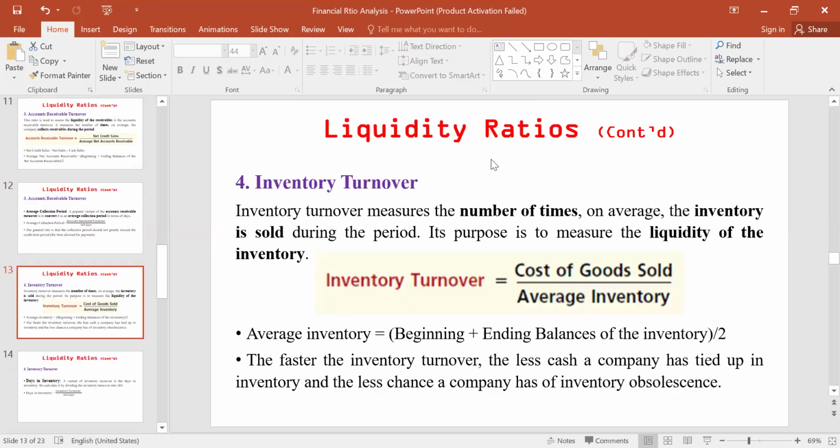Another tool or technique of the liquidity ratio is inventory turnover. Inventory turnover means how much time is taken to sell out your inventory. If you are able to sell out your inventory within a short period, your financial condition is good. You will take a good or sound decision.